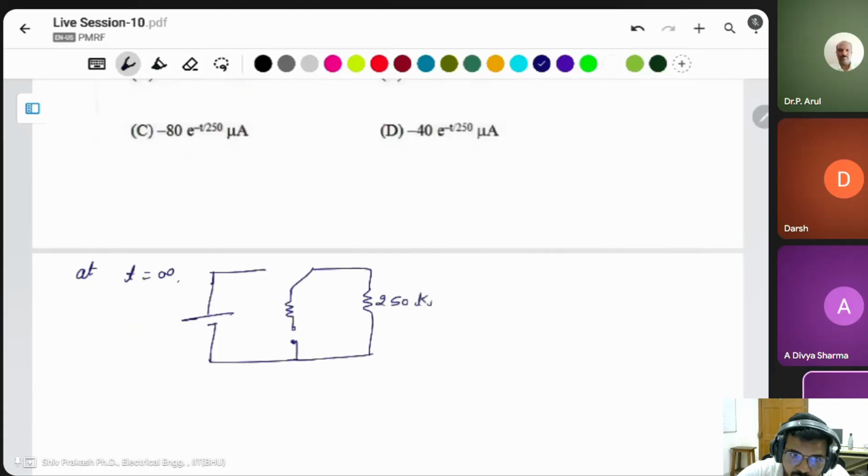This is 250 kilo ohm. This is also 250 kilo ohm. This is the capacitor voltage at infinity. There is no source. If there is no source, that means the capacitor voltage at infinity will be 0. It means the whole charge stored by the capacitor will be dissipated before t equal to infinity.